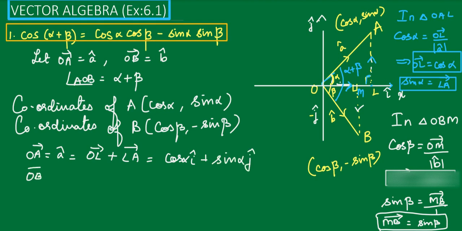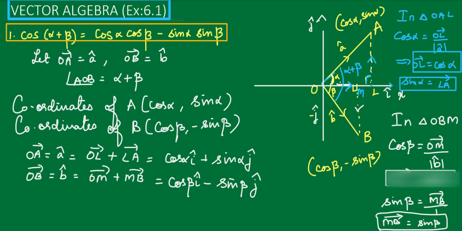Similarly, OB vector is equal to B cap, which is equal to OM vector plus MB vector, which is cos beta I cap plus sin beta of minus J, which gives us minus sin beta J cap.